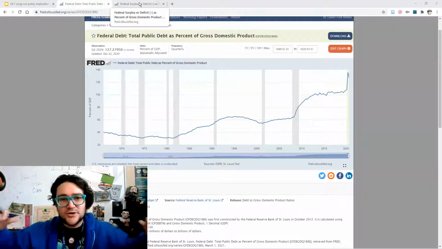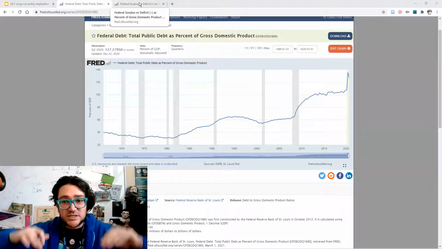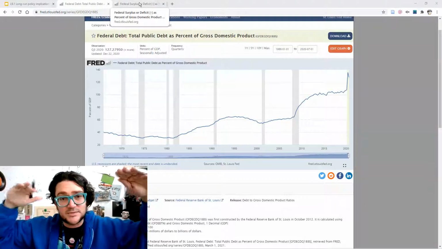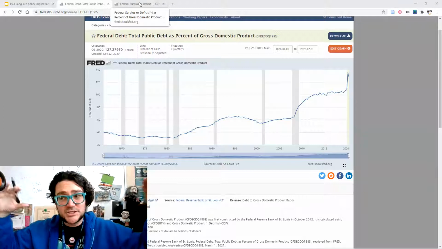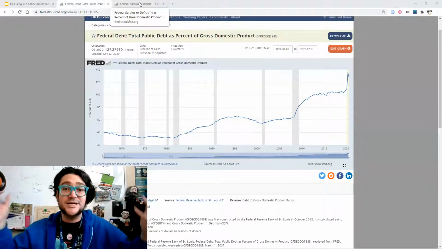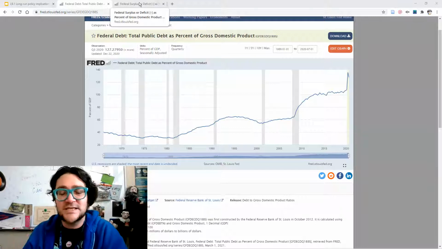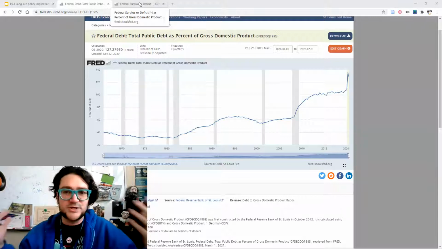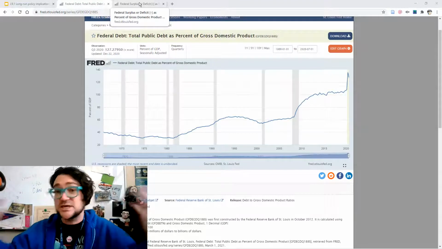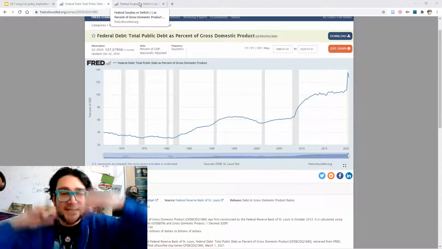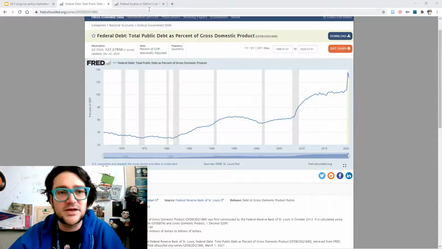Every single country on earth spiked in their public debt as a percent of GDP, again because GDP shrinks during recessions and spending goes up. So this is not surprising. What I wouldn't want you to take away from this is that the sky is falling because we exceeded the 100%, because everybody else pretty much did too, right? Everybody else had that same increase. So that's something to think about.